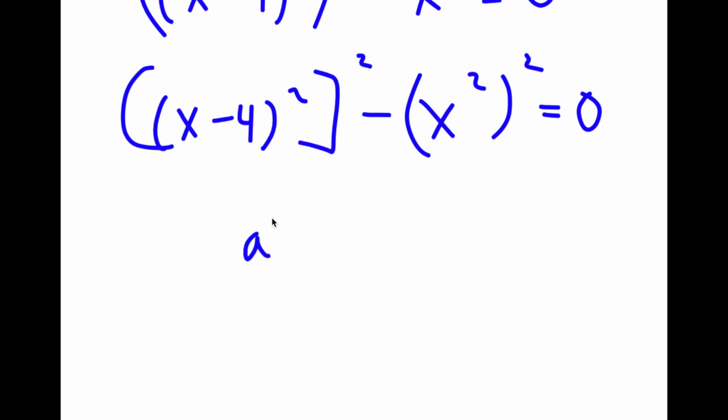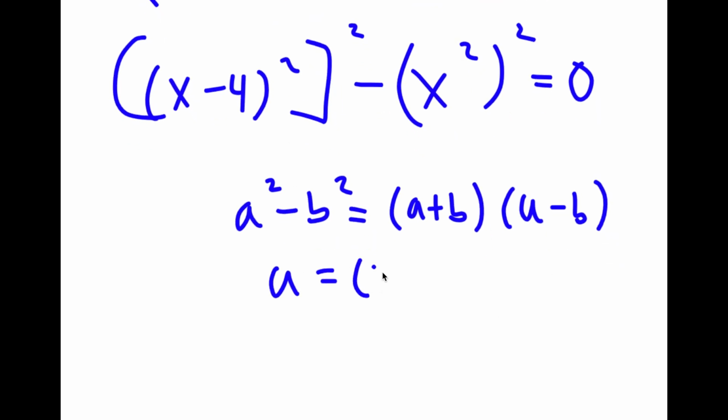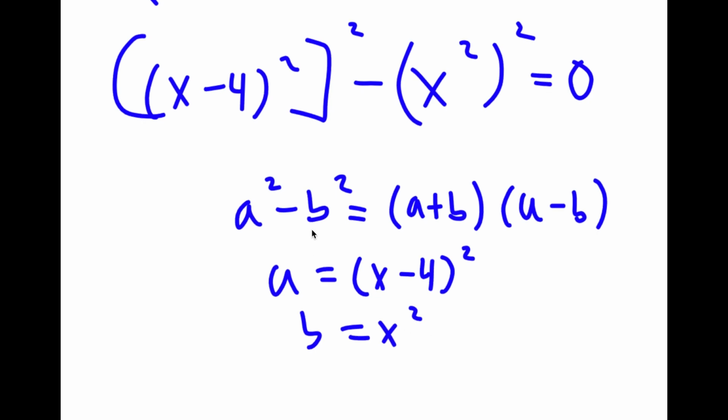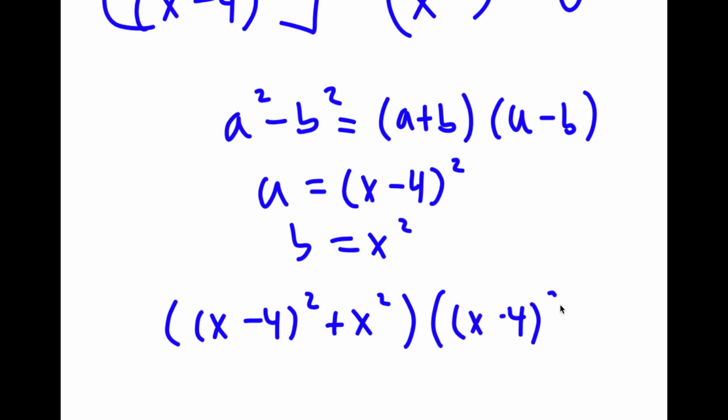Now, if I have something in the form a squared minus b squared, this is equal to a plus b times a minus b. So in this case, a is (x minus 4) squared, and b is x squared. So now I have (x minus 4) squared plus x squared times (x minus 4) squared minus x squared.